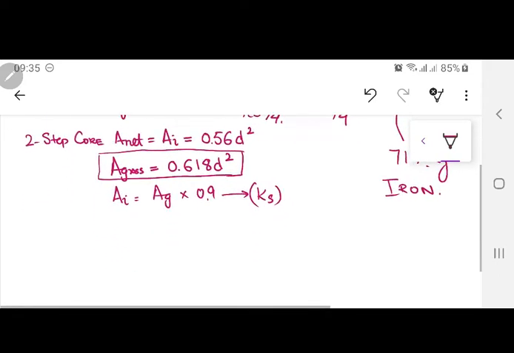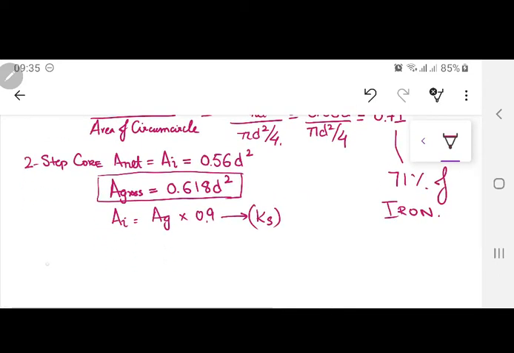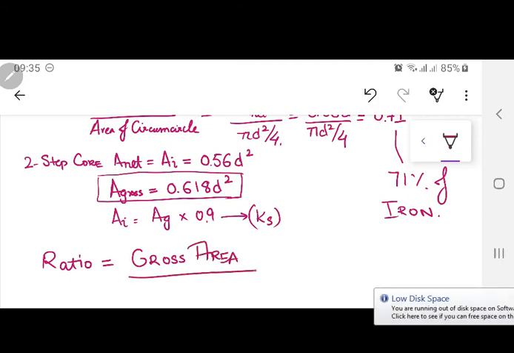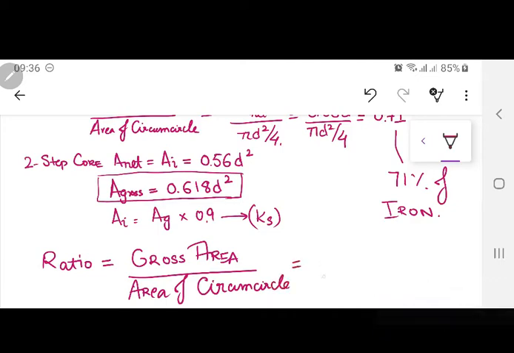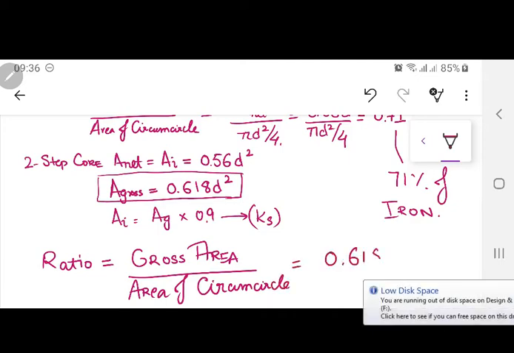Now a similar kind of ratio, in which instead of the net area you have the gross area in the numerator. If you have the gross area and you divide it by again the area of the circumcircle, this time you have 0.618 d square divided by again pi d square by 4, which is the generic formula, and you get this ratio equal to 0.79.